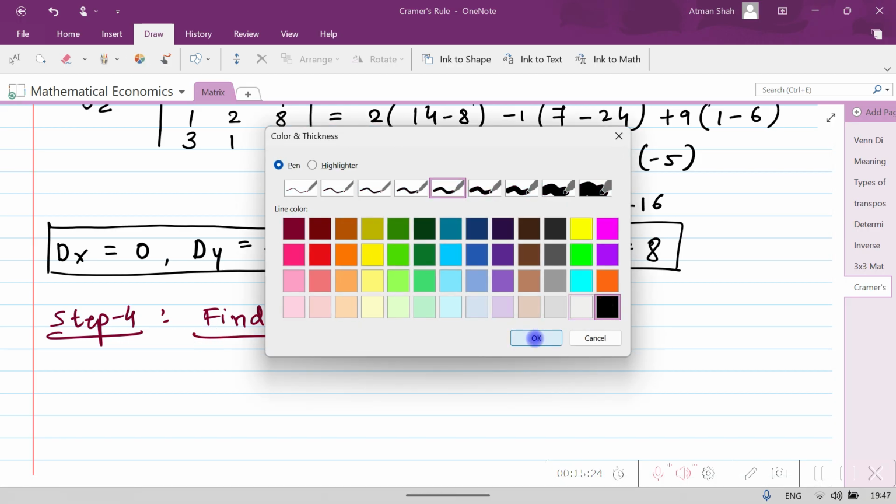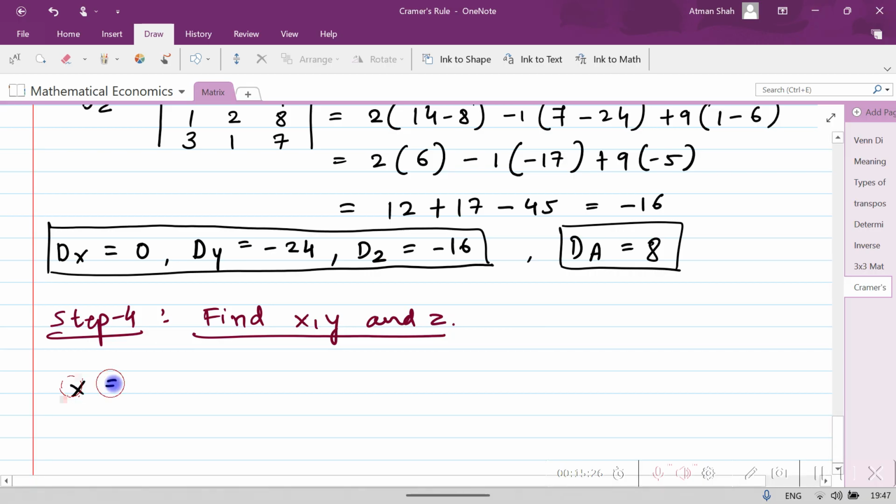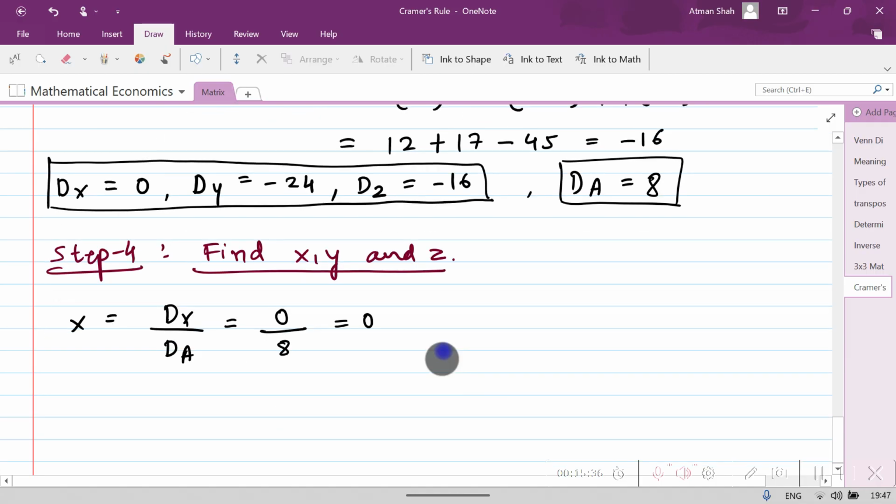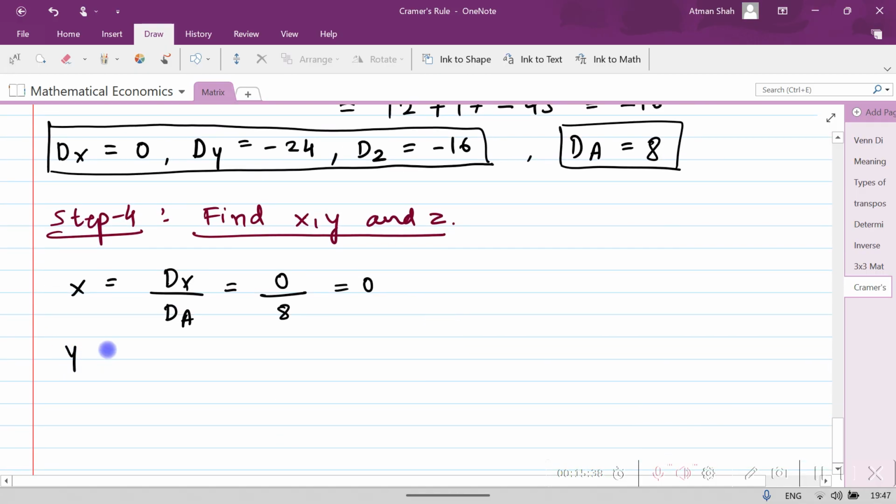So therefore x is equal to dx upon dA. So dx is 0, dA is 8, therefore x is equal to 0. Y is equal to dy upon dA.